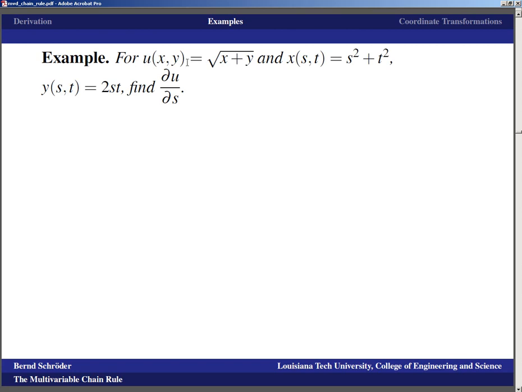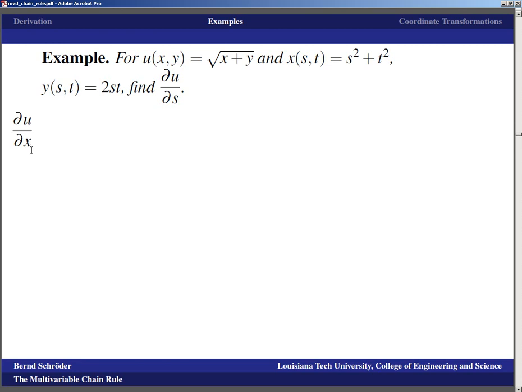So let's take a function u of x, y being the square root of x plus y, with input variables x of s and t being s squared plus t squared, and y of s and t being 2st. And we want to find the partial derivative of u with respect to s, and of course we're going to use the chain rule.